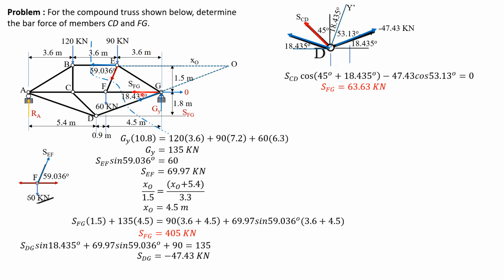So SFG times 1.5 plus GY, which is 135 times 4.5, equals the counterclockwise moments: 90 times quantity 3.6 plus XO, which is 4.5, then plus the vertical component of this SEF, because the horizontal component also passes through O. So the vertical component is 69.97 sine of 59.036 degrees times the moment arm, which is 3.6 plus 4.5.